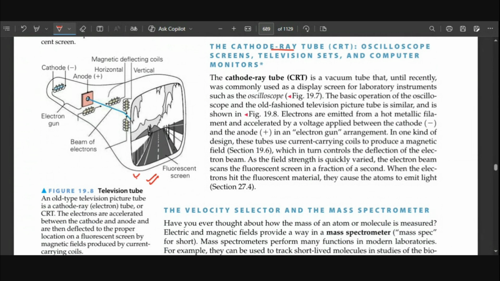Before the discovery of magnetism in the real world, development was like crawling. Development was not taking place at that pace. But once we got the knowledge about the magnetic effect of charged particles, it just changed the complete scenario.